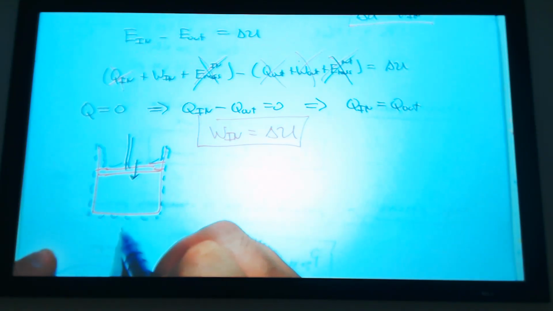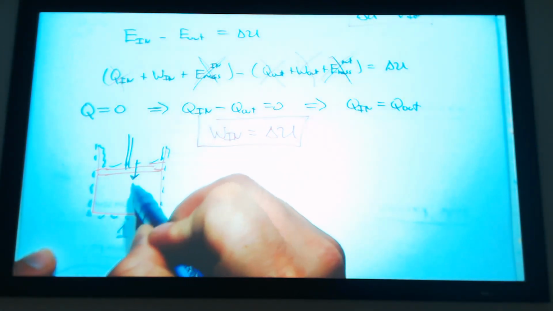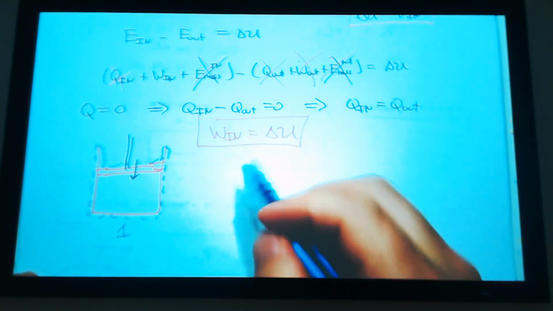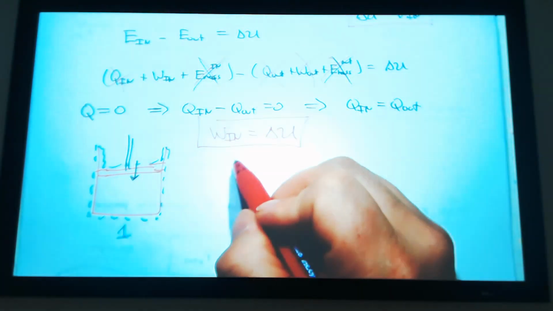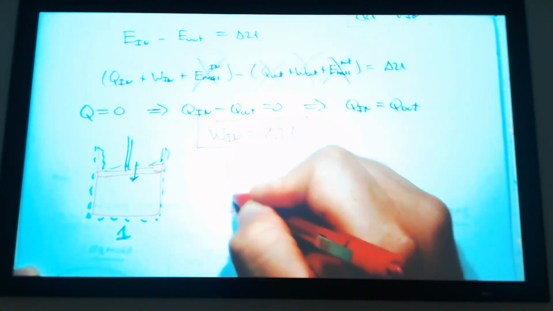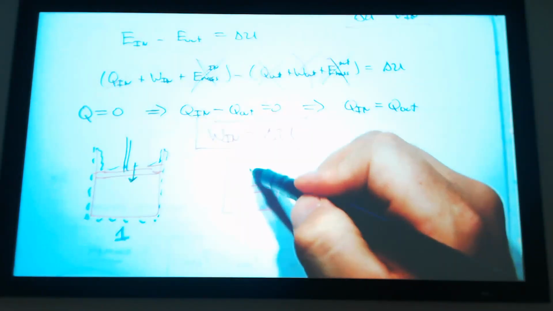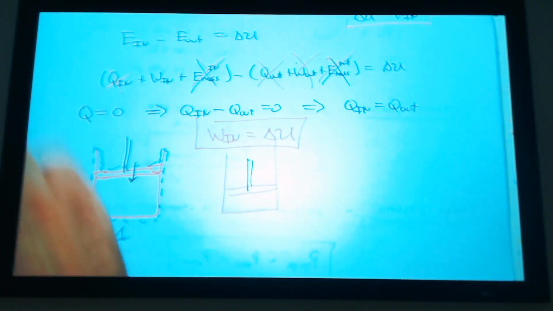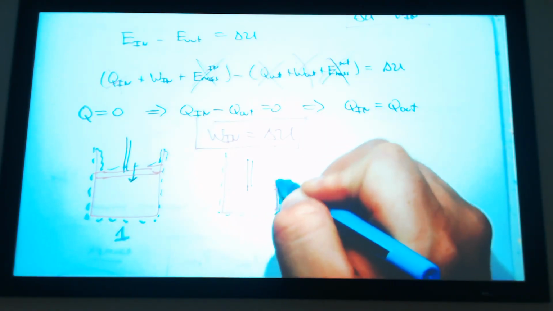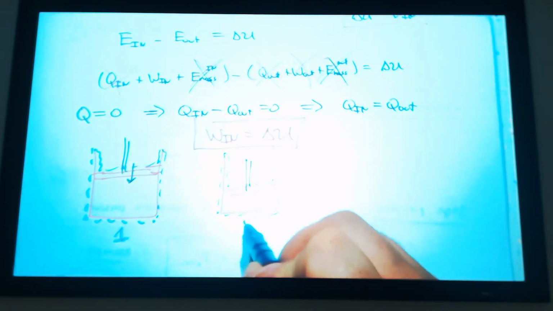Yeah, so let's say this is state 1, and I know that it has a velocity. A snapshot, it's being compressed, it has a velocity, state 1. And then sometime later at state 2, it looks like this. This is state 2.